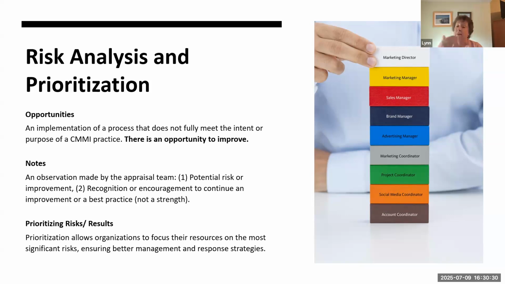Now remember that this opportunity is for them to address. We never, ever, ever check it. But they're the areas where you haven't met the intent of the model. So indeed, there could be a potential risk there.